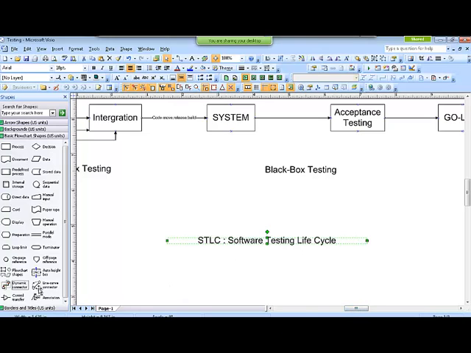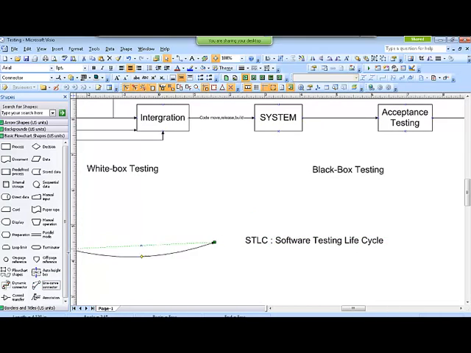So I'll just go ahead and do something like this to understand.